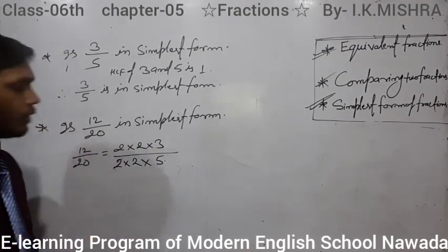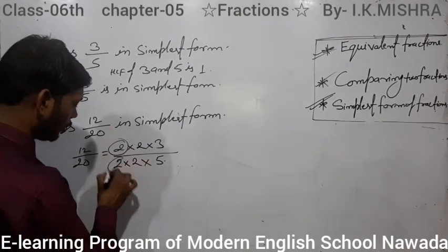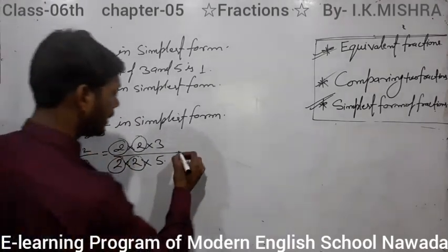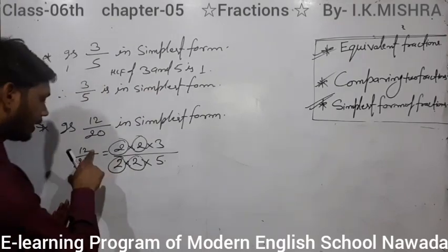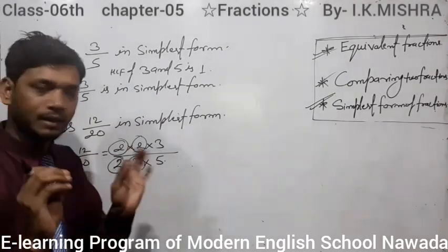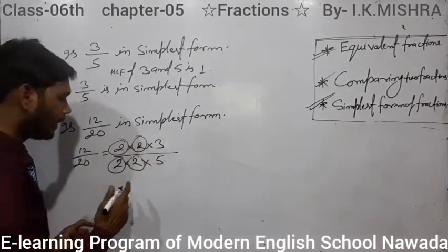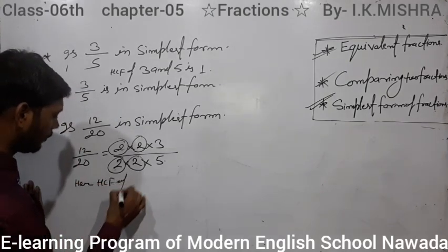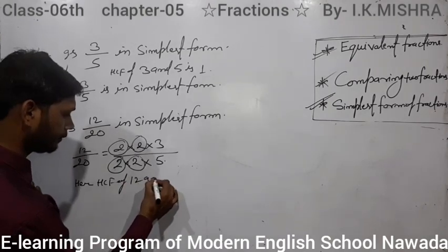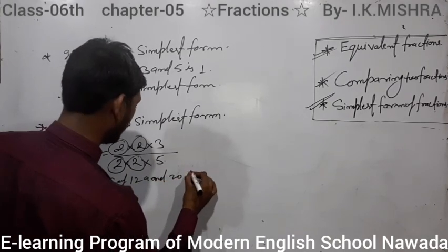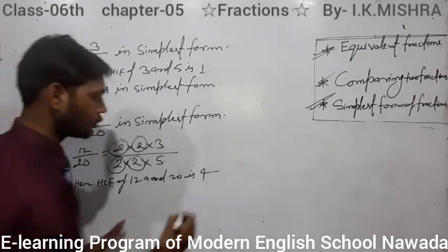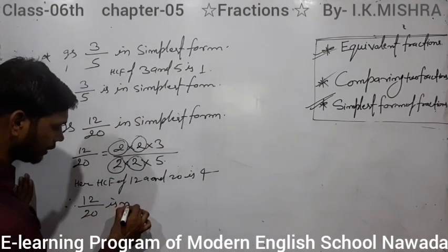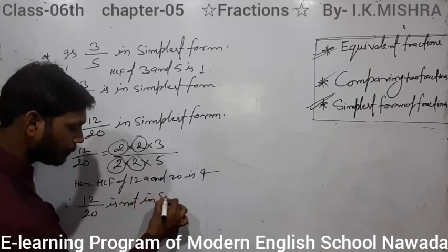Students, here you observe 2, 2 are common. That means 12 and 20 have HCF 4. So HCF of 12 and 20 is 4. So 12 by 20 is not in simplest form.